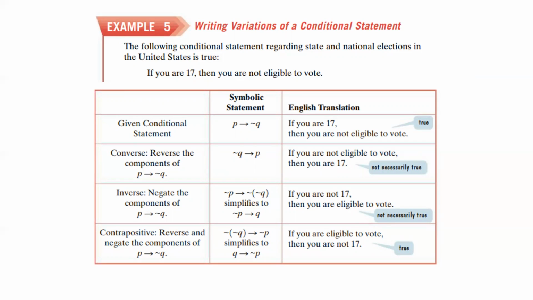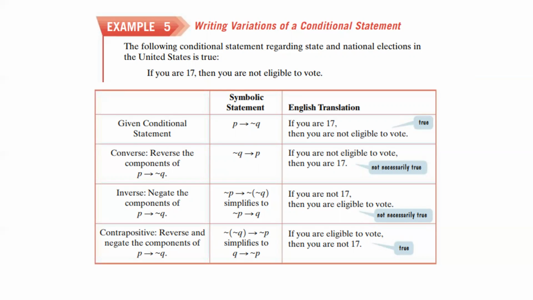So I flipped my P to become tilde P, and I flipped my tilde Q to become Q. I didn't change the order of my statements. So that's going to translate to, if you are not 17, then you are eligible to vote. That's the exact translation.